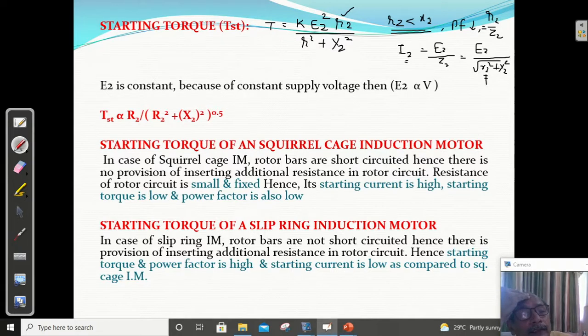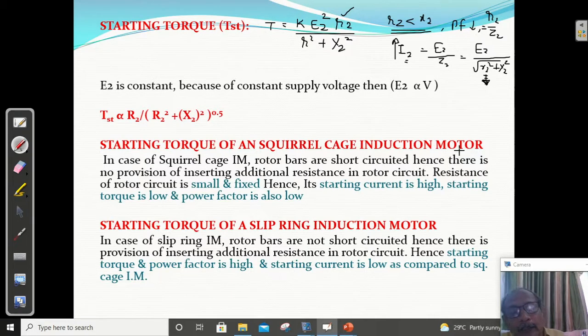Because R2 is less, as you are not in position to insert resistance. If this is less, the denominator will be less, so the current is very high and you can't control it. Starting torque is low. Why? If resistance is less, starting torque you can't control and it is always less. Power factor is also less, because compared to X2, R2 is less. And you can't control these three things.